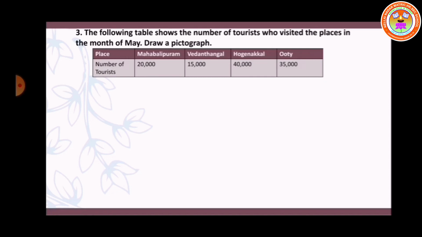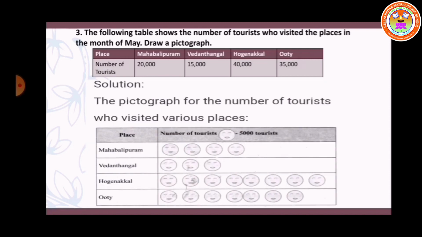Vedanthangal, 15,000. Kodaikanal, 40,000 and Ooty, 35,000 tourists. First you write the solution, children. The pictograph for the number of tourists who visited the various places. First arrange the places: Mahabalipuram, Vedanthangal, Kodaikanal and Ooty.